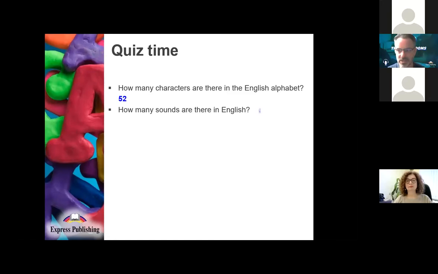Okay, let's have a look at the next one. How many forms of spelling represent the sounds of English? Again, give me a rough guess. How many different ways are there of spelling the sounds in English?